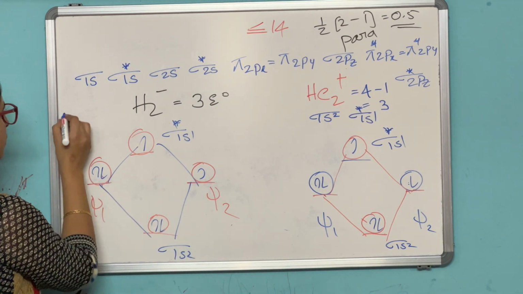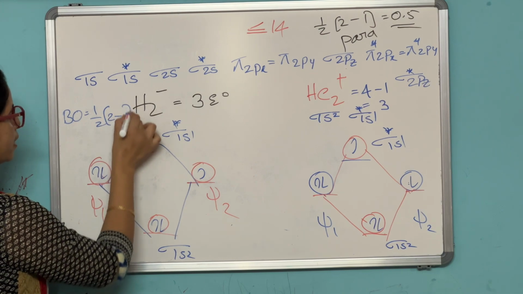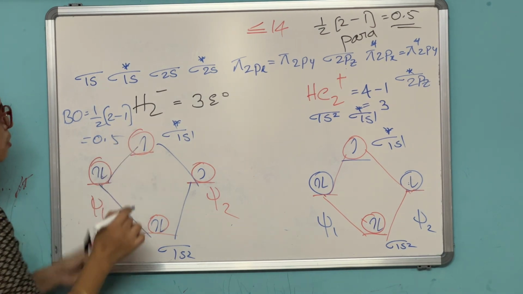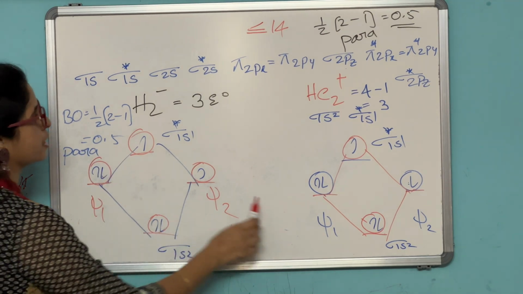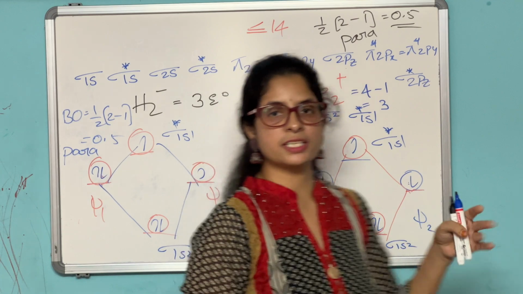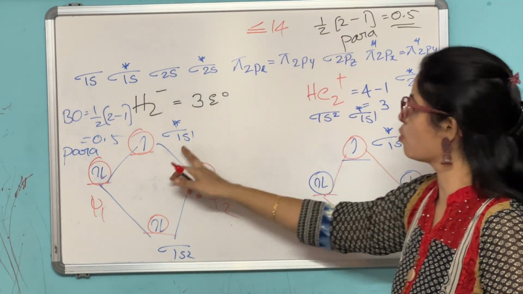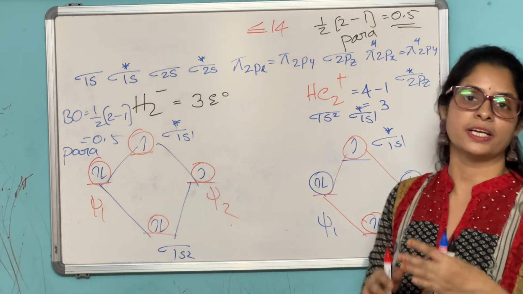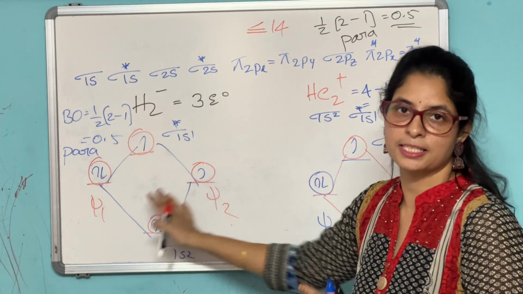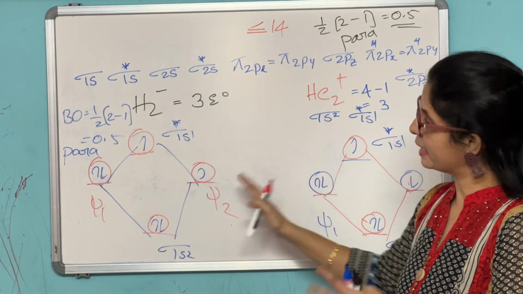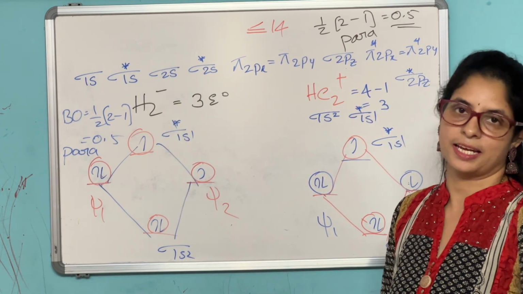The bond order is half of 2 minus 1, which is 0.5. One unpaired electron, so it is also paramagnetic. Both have the same bond order 0.5 and the same electronic configuration, both are paramagnetic, and experimental evidence confirms they have similar stability. So H2 minus and He2 plus are equally stable.